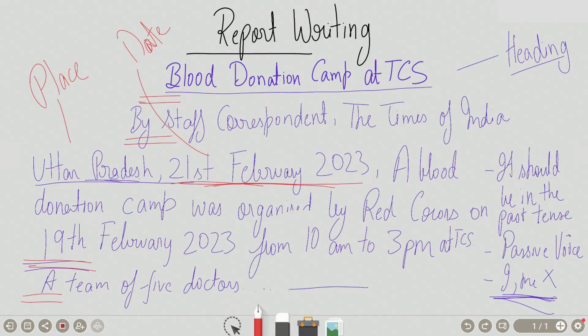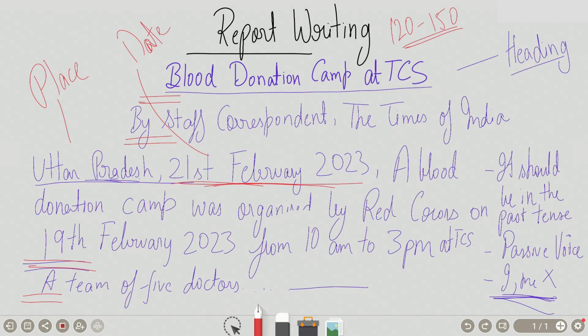You should be writing a report in 3 to 4 paragraphs. Minimum 3 paragraphs and maximum up to the word limit. For example, if we have a word limit of 120 to 150 words, we can write our report in 3 or 4 paragraphs, right?